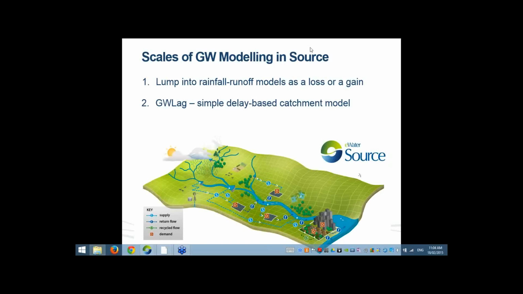Groundwater lag is suitable for upland river catchments and unregulated systems. It's not suitable for modelling the detailed recharge-discharge relationships on a river reach. The third scale of modelling that we have is the Groundwater-Surface Water Interaction tool, or the Analytical groundwater model.